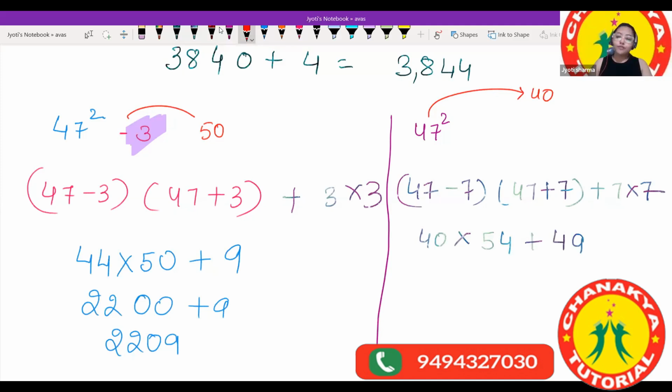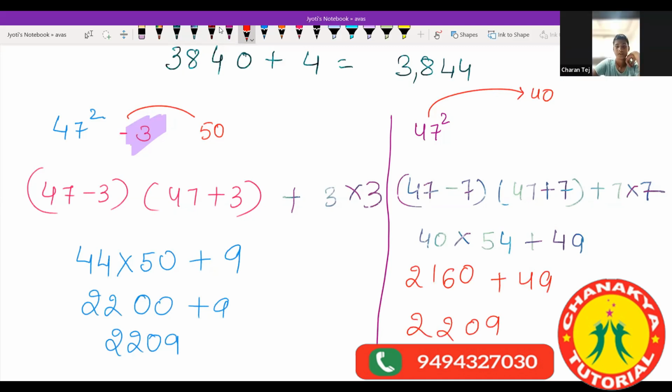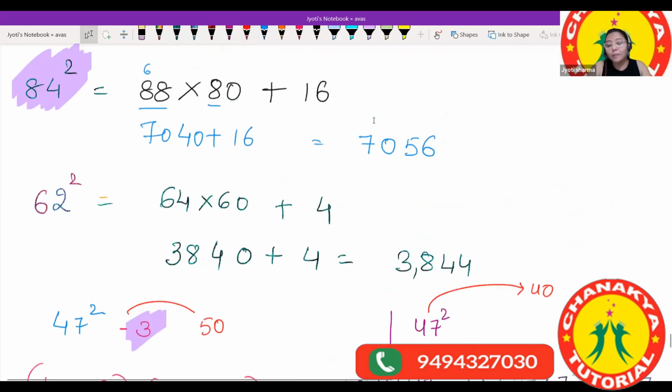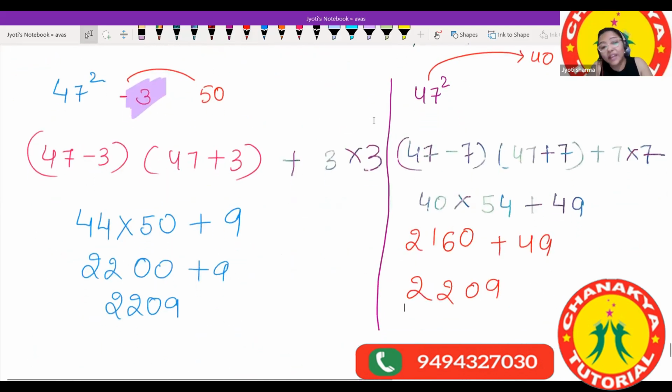Now, 4 4s are 16, 4 5s are 20, plus 1, 21, 2160 plus 49. Okay. See, am I getting the same answer? Yes, ma'am. Understood? And the above method, a plus b whole square, that I have taken from your book only. This is in your book only, okay?